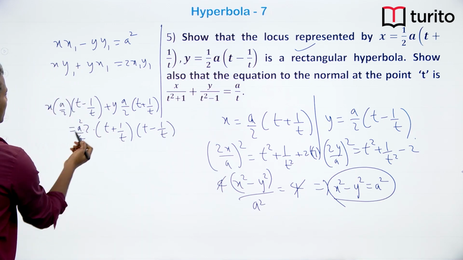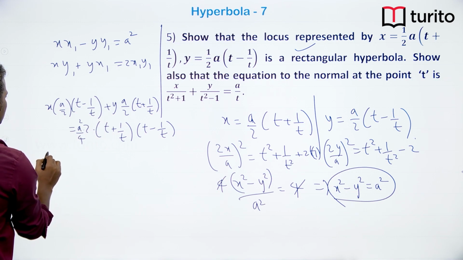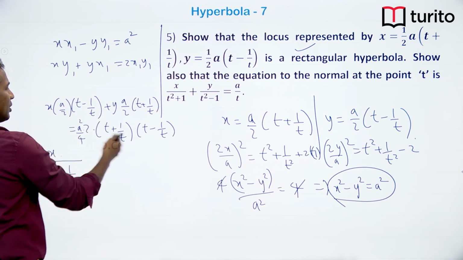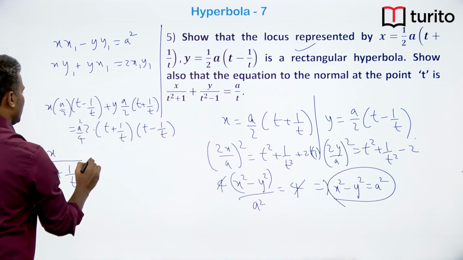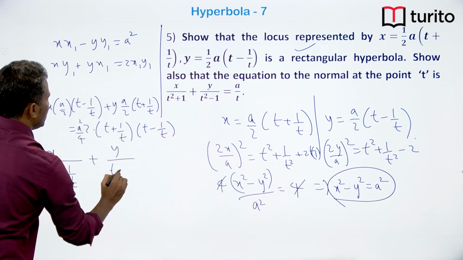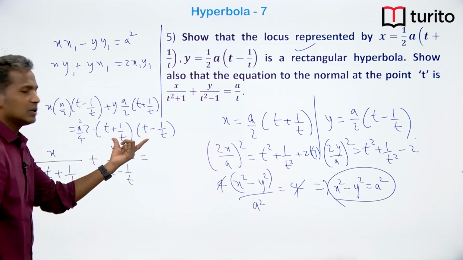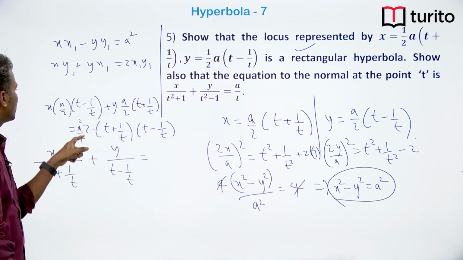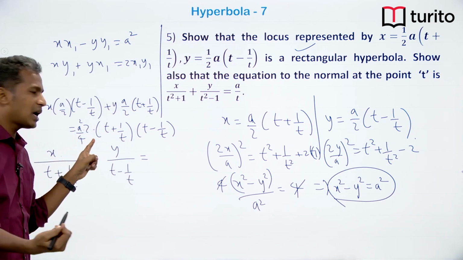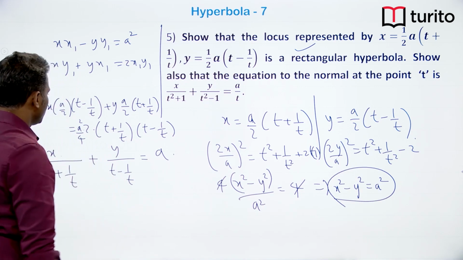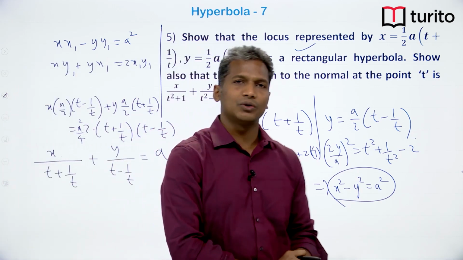So, what do we get? The a by 2 is anyways getting cancelled. So, x divided by t plus 1 by t, plus y by t minus 1 by t, is equal to a. So, this is our equation of the normal.